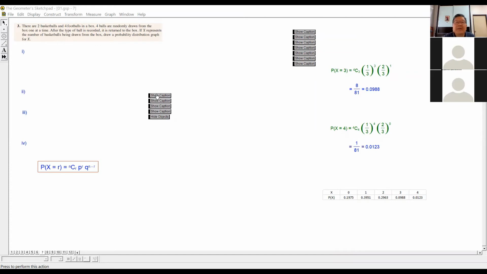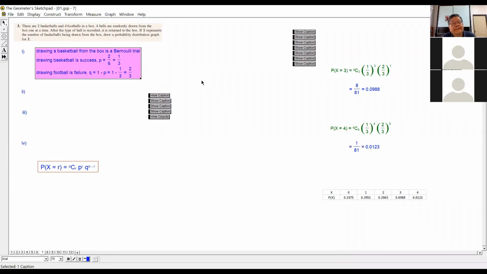So what is the probability of drawing a basketball? 1/3. You said 2, then you said total 6, how can it come? 1/3, correct. Because it's 2 basketballs, then altogether 6, right? So 2/6 is 1/3.